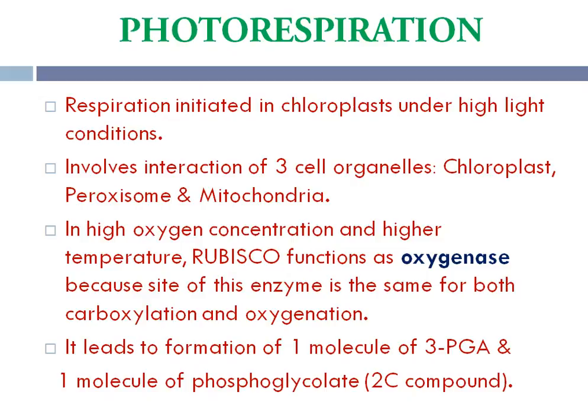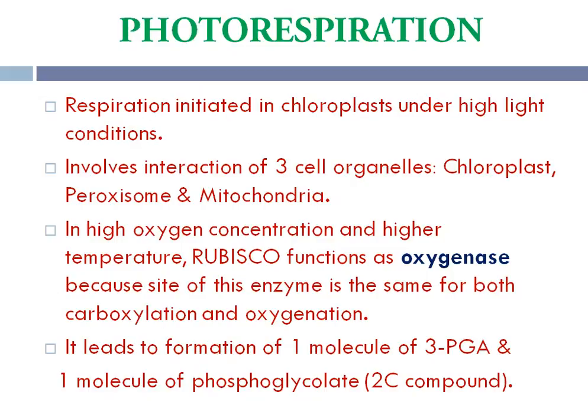Next topic is photorespiration from chapter 13, that is photosynthesis in higher plants. Photorespiration is respiration initiated in chloroplast under high light conditions. It involves interaction of three cell organelles, that is chloroplast, peroxisome and mitochondria.